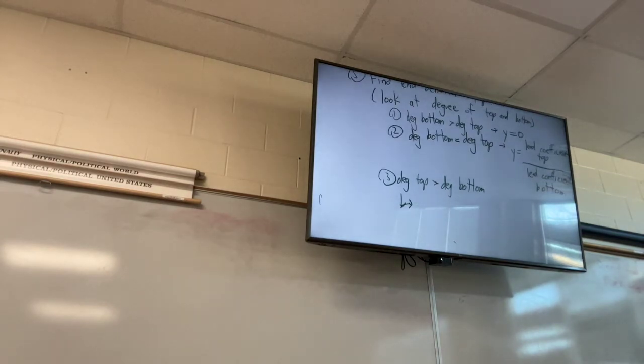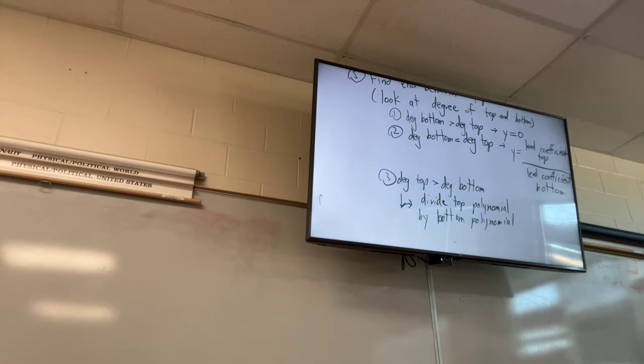You divide the top polynomial by the bottom polynomial, and you just snip off the remainder.